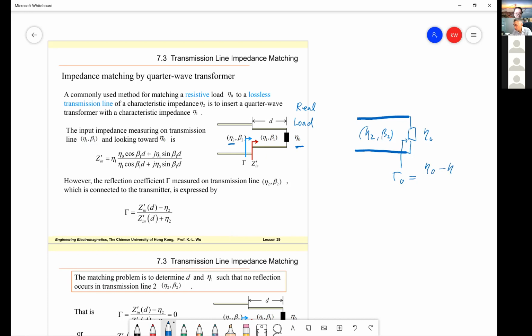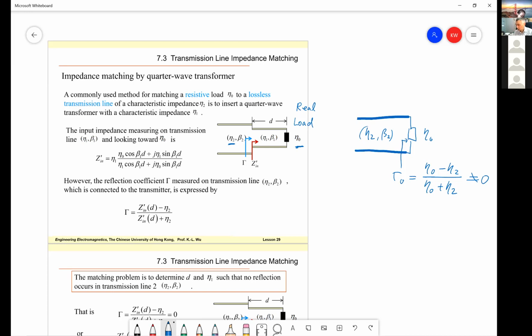The reflection coefficient is not equal to 0. If it is not equal to 0, then we have a reflection. If you have a reflection, you have a voltage maximum and voltage minimum, so you have energy being reflected. You have a less efficient system.